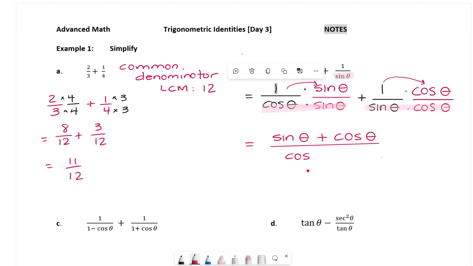Whether you write cosine theta times sine or sine theta times cosine, it does not matter. And that right there is where you will stop once you have combined your fractions into one. Okay? So let's try the next one.